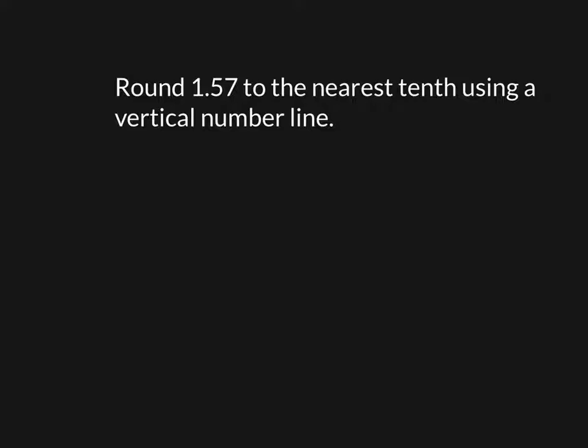Okay, so first of all, I'm going to make my vertical number line. I'm going to mark the minimum, the maximum, and the midpoint. And then I'm going to be looking at the place. I want to round it to the nearest tenth, so I'm going to look here at the tenths. There's a 5 in the tenths place.